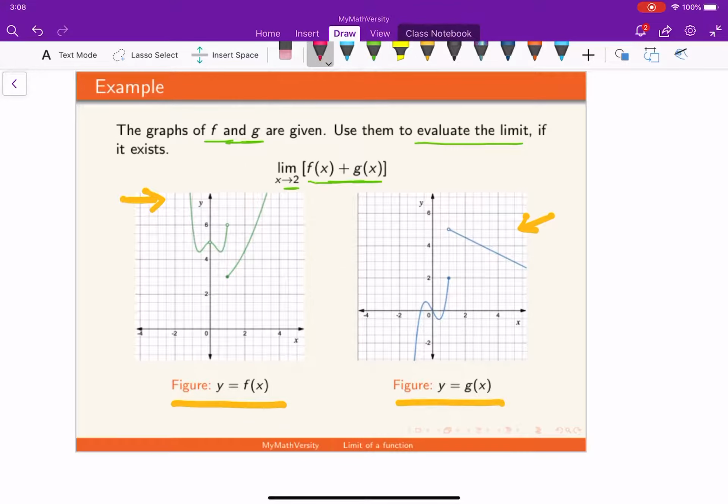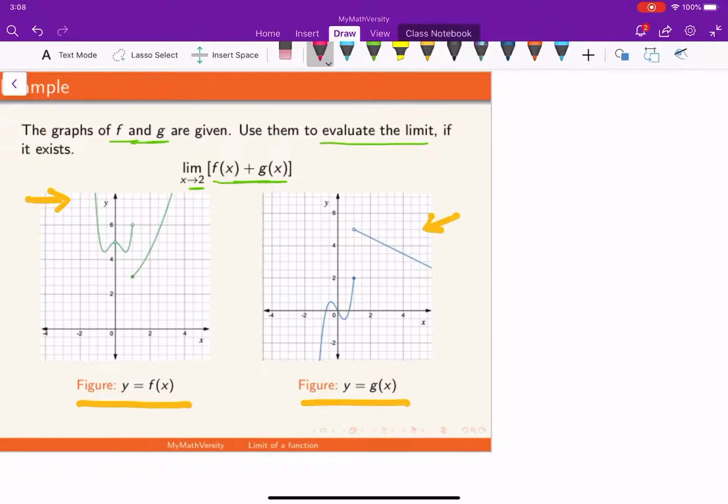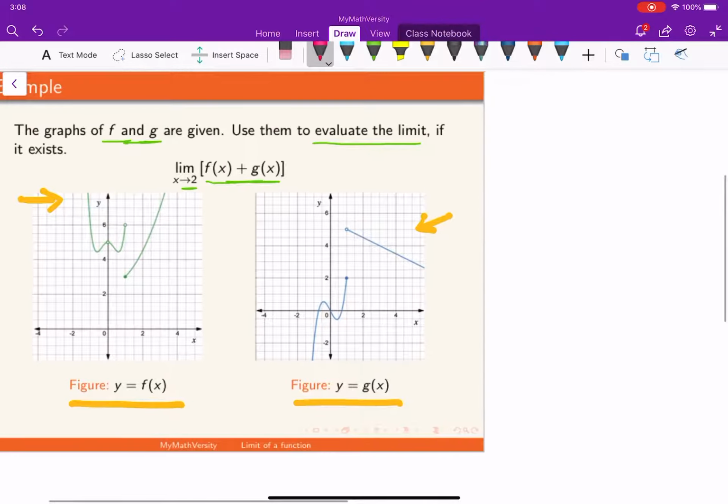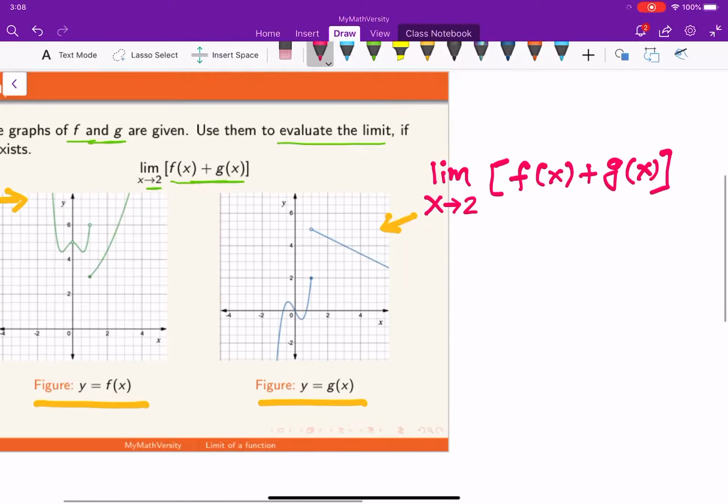All right, so how can we begin? On this problem we are given the sum of two functions. Our goal is to find the limit of f of x plus g of x. We know that by the sum rule, we can find the limit of a sum of functions as the sum of the limits.